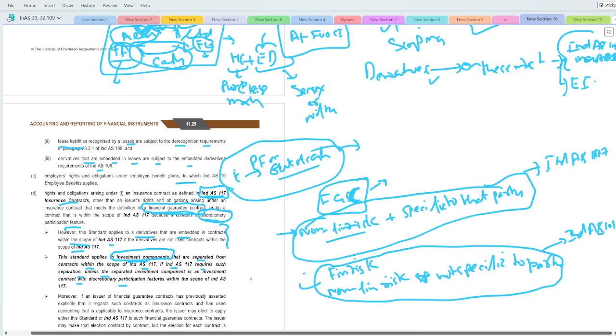That's why, wherever the underlying is the financial risk, like where you're having FX, equity, commodity, your credit risk, your market risk.